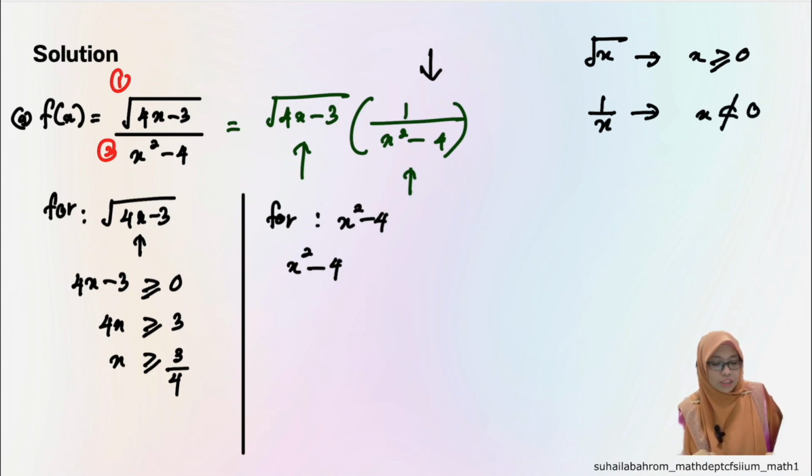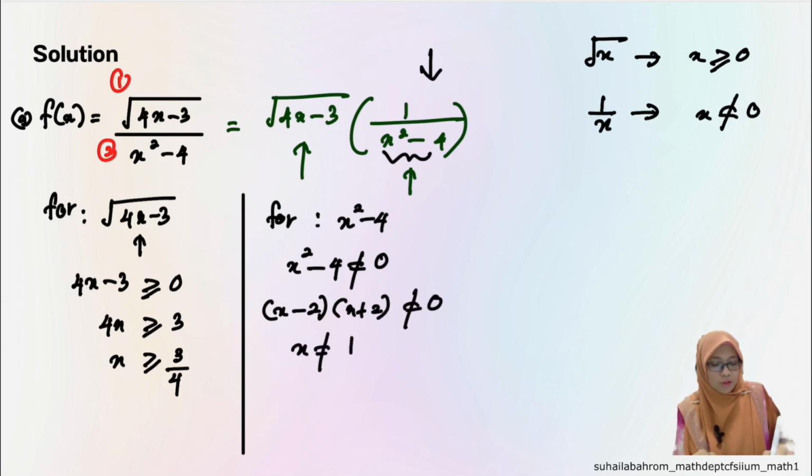So x squared minus 4 cannot be 0. Therefore, x minus 2 times x plus 2 cannot be 0, so x cannot be plus or minus 2. These are the two restricted values for the term 1 over x squared minus 4.